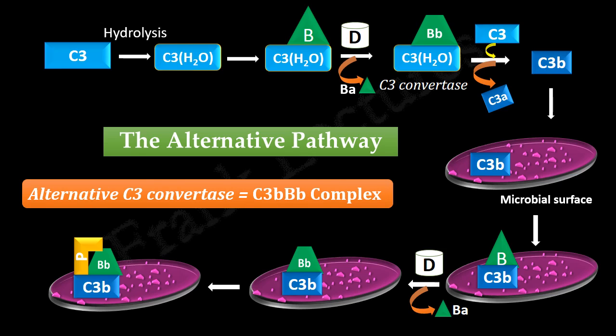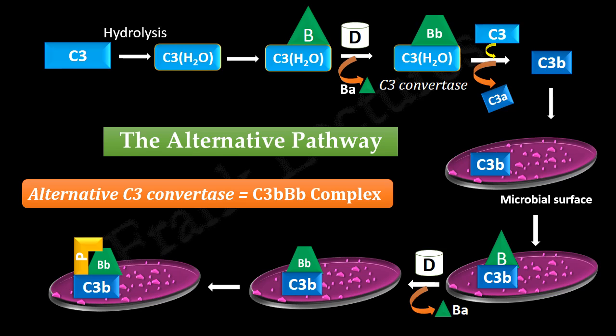So, we saw that alternative pathway leads to the generation of C3 convertase, which is represented by C3b-Bb complex. And this complex is also known as alternative C3 convertase.